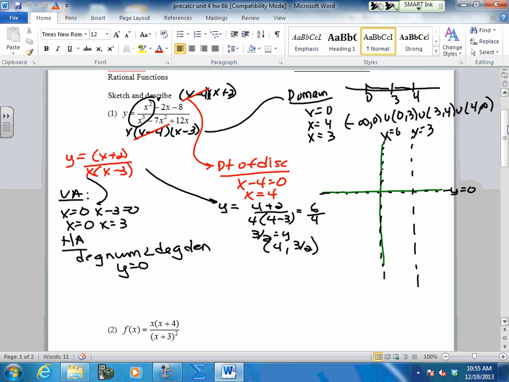So now, I put the original rational function into my y equals with parentheses, and now I can kind of sketch this. I can see that it goes like this. I can see that this one's going down here somewhere, and this one's coming across here. Now, my point of discontinuity is in the 4 somewhere, about here.